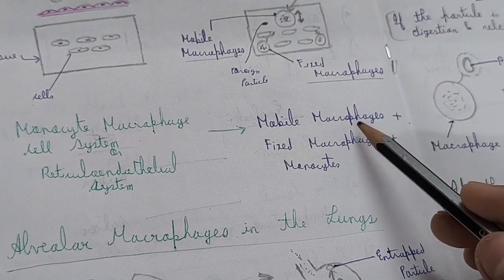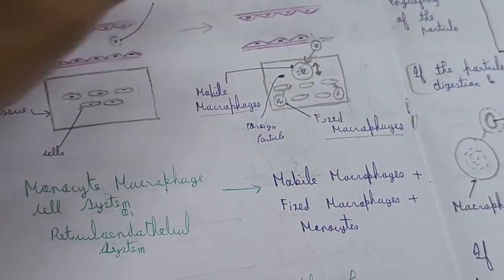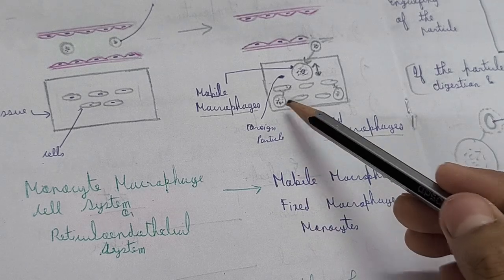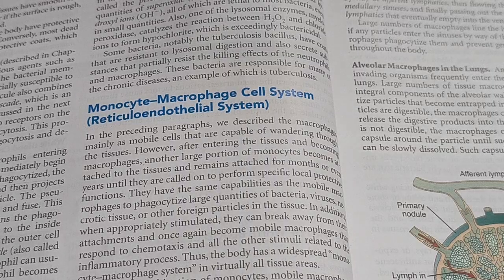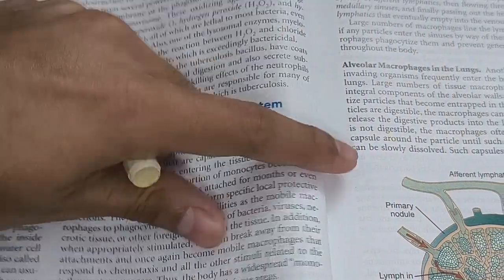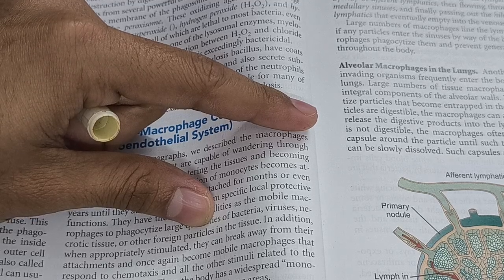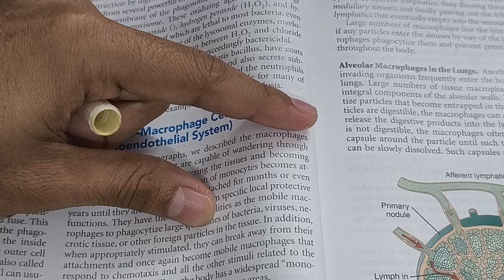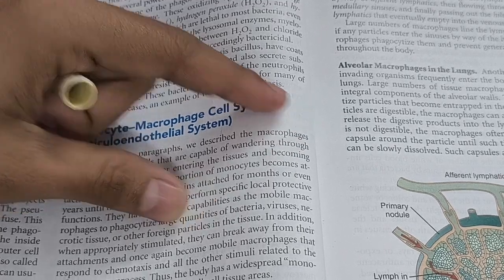It is a combination of mobile macrophages, fixed macrophages, and monocytes, and this is written in your book guide. The total combination of monocytes, mobile macrophages, fixed macrophages, and a few specialized endothelial cells in the bone marrow, spleen, and lymph nodes is called the reticuloendothelial system.